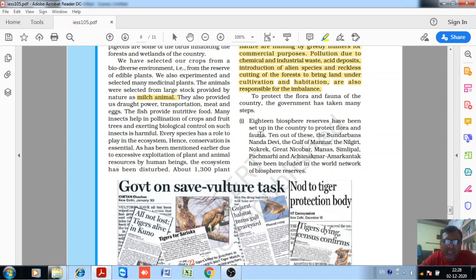The government has taken very important steps regarding this. 18 biosphere reserves have been set up in our country to protect flora and fauna.